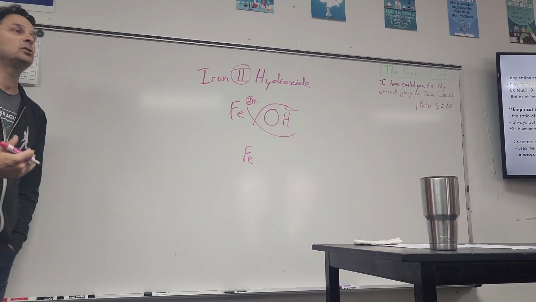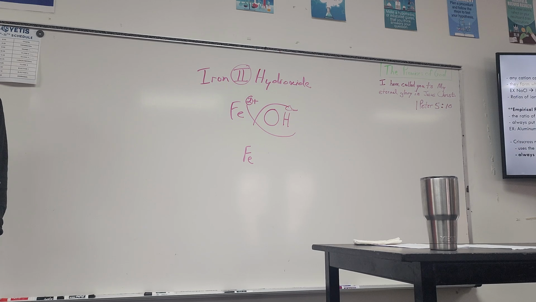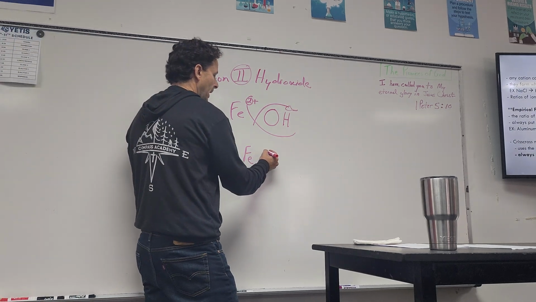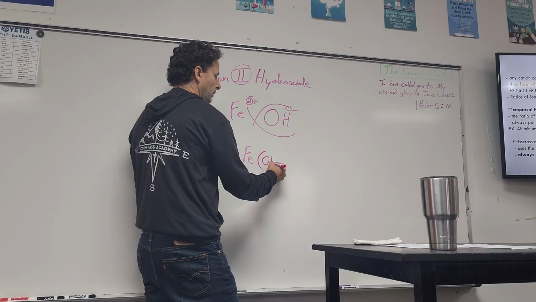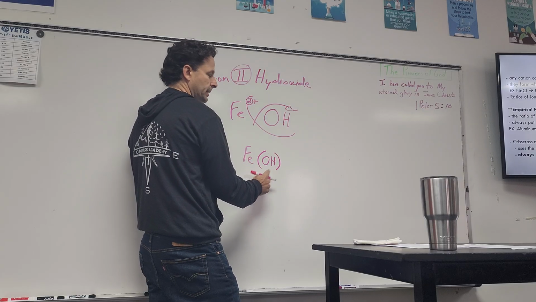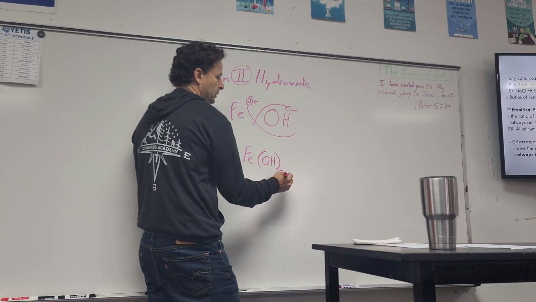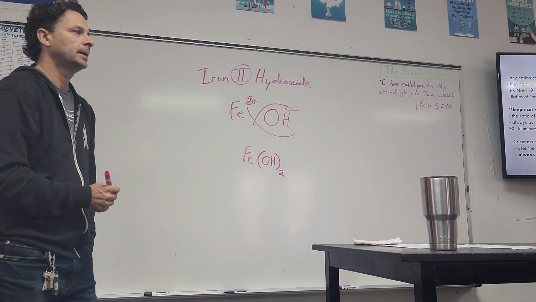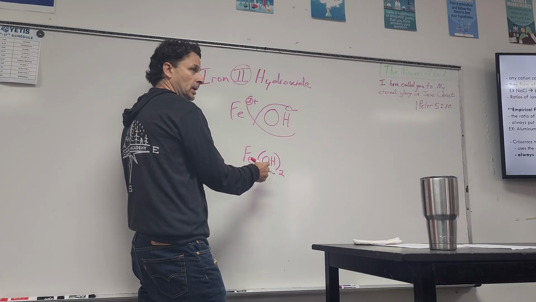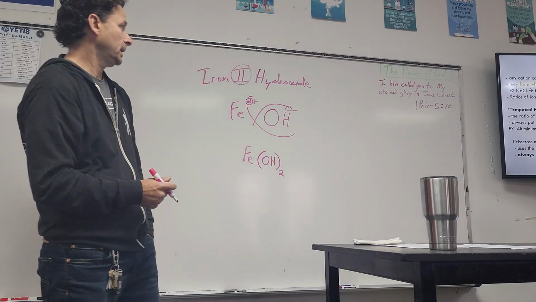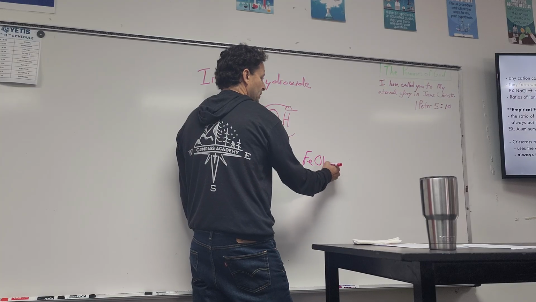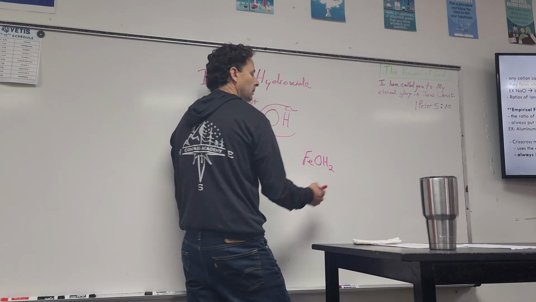How do we do that when we have polyatomic ions? Well, here's how you do this. You've got to make sure you are telling the reader that you have 2 OHs. So we would put it in parentheses, and then we would put the 2 on the outside. That actually means 2 hydrogens and 2 oxygens. Now, if you were to write it like FeOH2, it is very wrong.